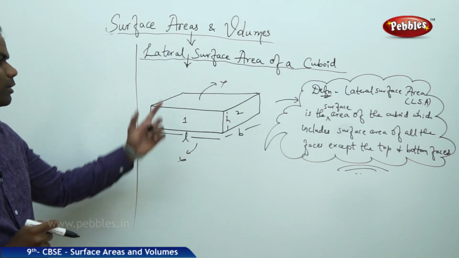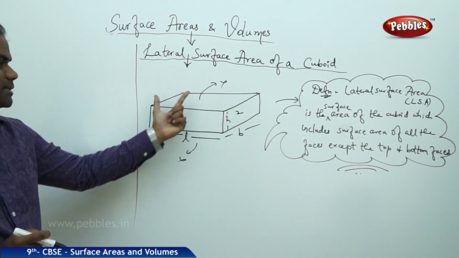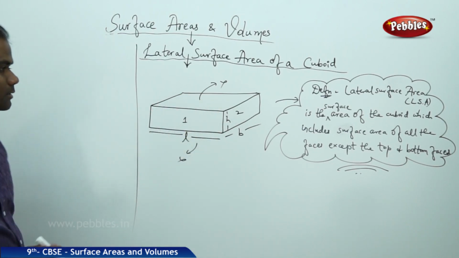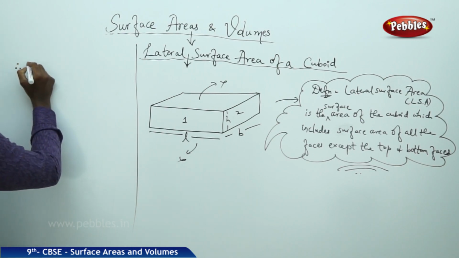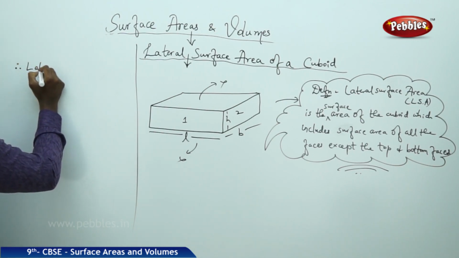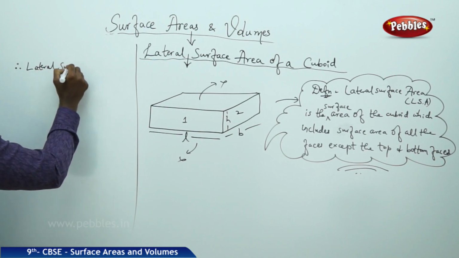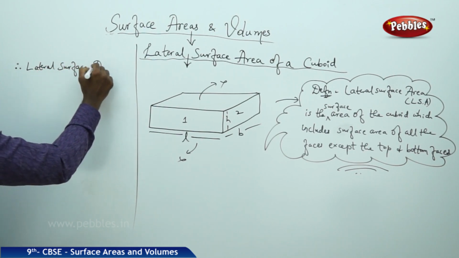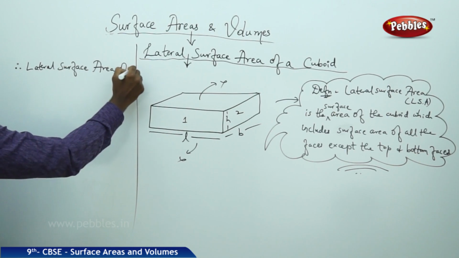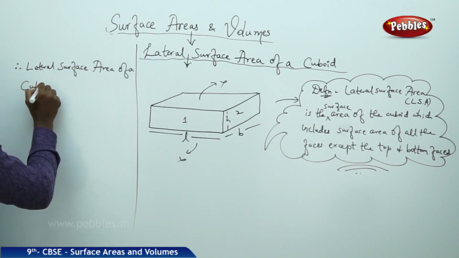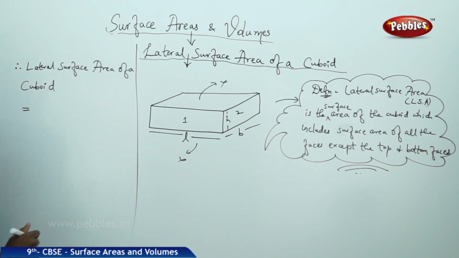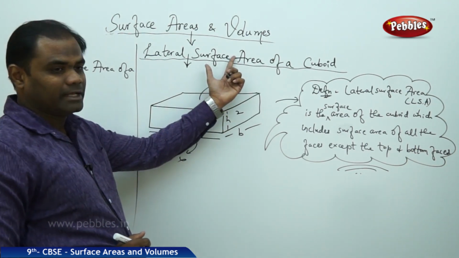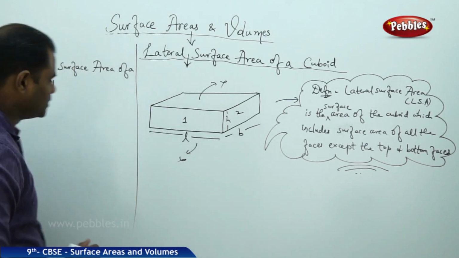The area of the cuboid which includes all the faces except the top and bottom. Therefore, using that definition, the lateral surface area of a cuboid is given by LH and LH there and BH plus BH.